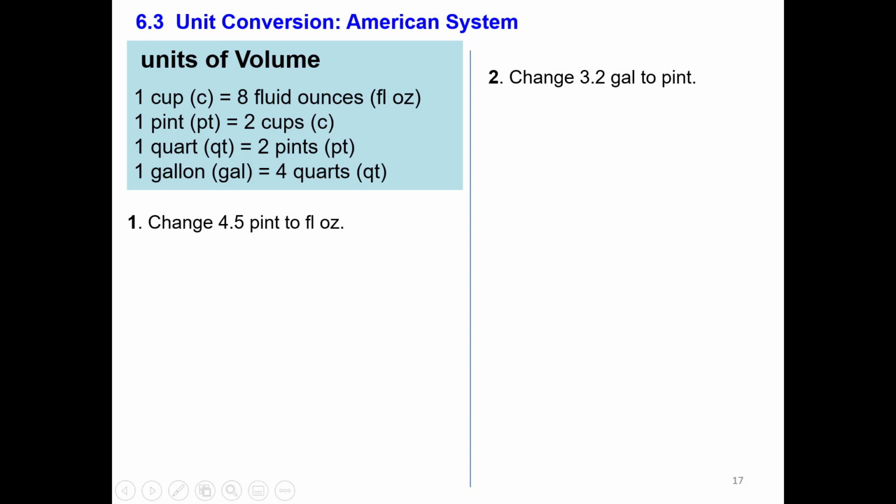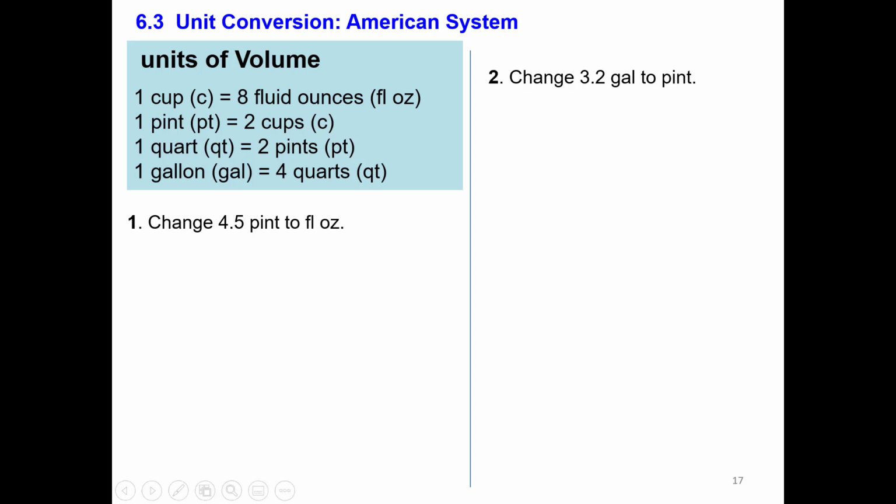Then let's try to use these conversion factors to change, for example, 4.5 pints to fluid ounces, as this is what we want to convert. What conversion factors do we need to use?